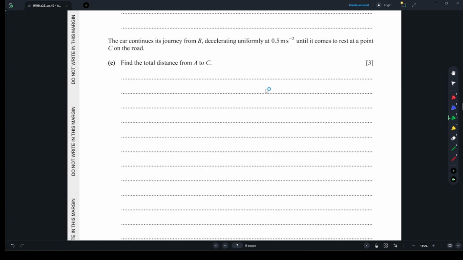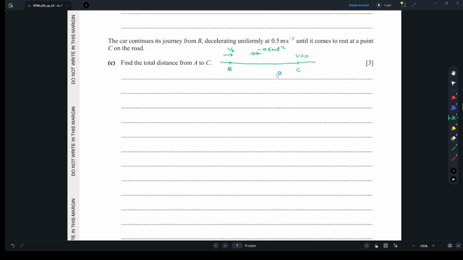Find the total distance from A to C. So if we consider now B to C motion, let's say this is point B. At point B we know the velocity, which is v2, and at point C it will come to rest, and the deceleration was 0.5.